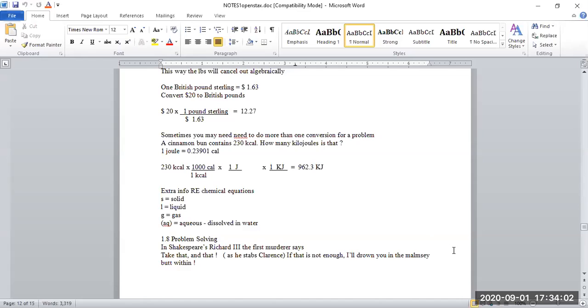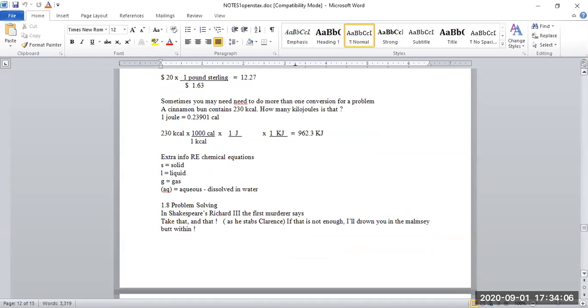These are things that, when you are reading chemical equations, you will see them used as subscripts. So solid, liquid, gas, kind of obvious, S, L, and G. The one that you may not be familiar with is AQ, which is aqueous. Aqueous means dissolved in water.